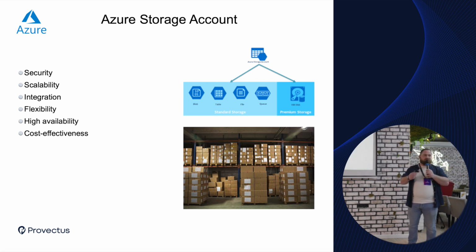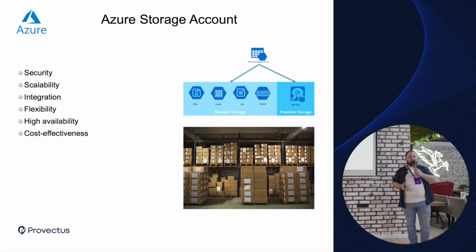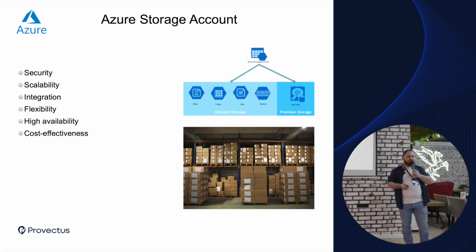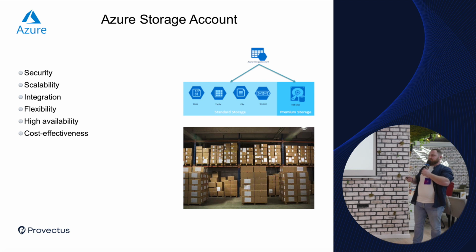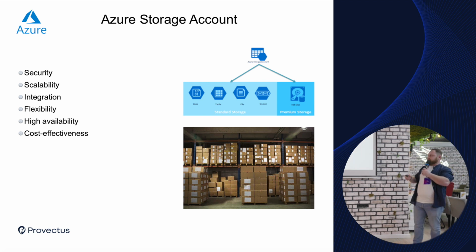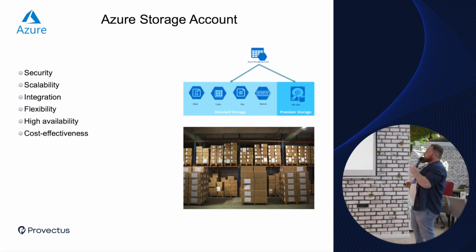The standard one is really cheaper, and with some addition to the price, you can have the zone redundant storage account, and you don't need to worry if something happens to your storage in that zone. And with more pricing, you will get geo-redundant storage. Of course, it's not available in all regions, but if you have data that should be available 99.99%, you must use the geo-redundant storage provided by Azure.